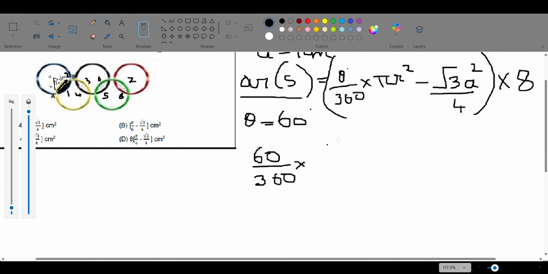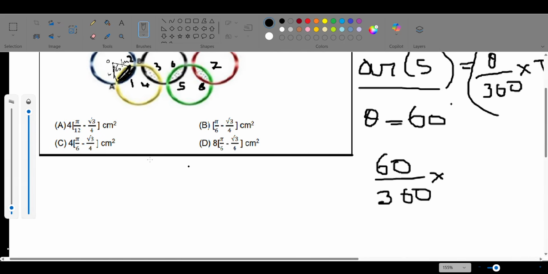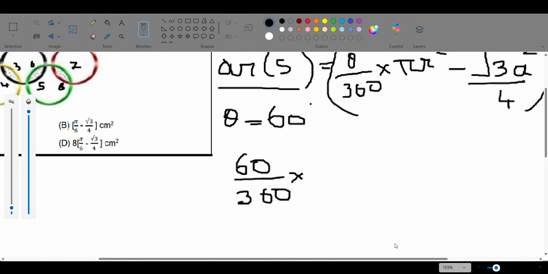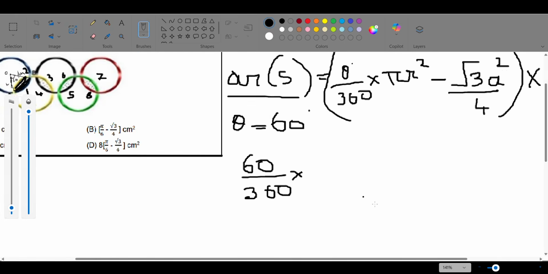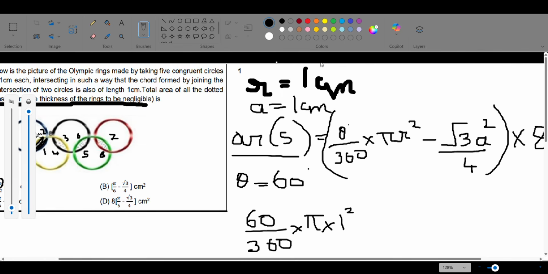We don't need to solve pi, because look at the options; the value of pi remains as it is. So in this case, you just leave pi as it is. So theta 60 by 360 into pi into 1 square, because the radius is 1 centimeter.